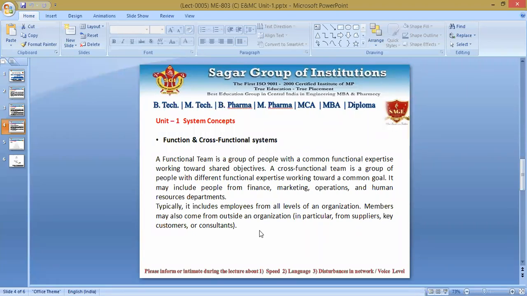That can be suppliers and customers and other consultants and some other vendors, who can also be a part of that cross-functional team. The reason we prepare this kind of team is that a team assigned a task should be composed of multidisciplinary individuals, which increases the level of creativity, and sometimes out of box thinking matters.